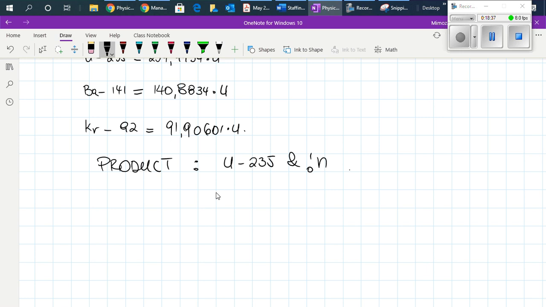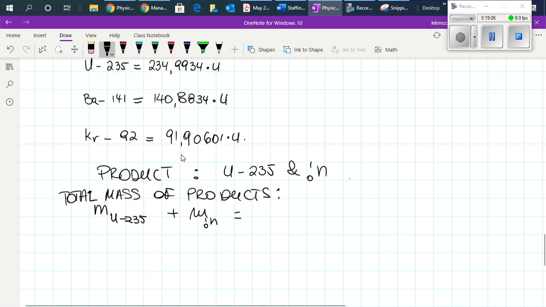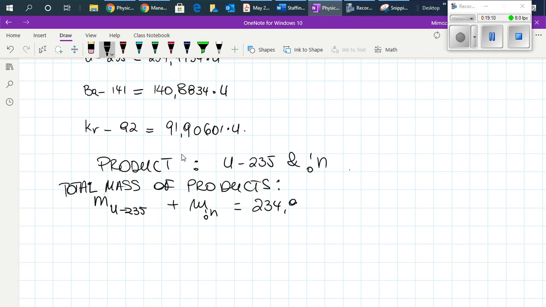So the total mass will be the mass of uranium-235 plus the mass of the neutron. The mass of uranium-235 is given here as 234.9934 plus 1.008665 times U. Let's use the calculator.